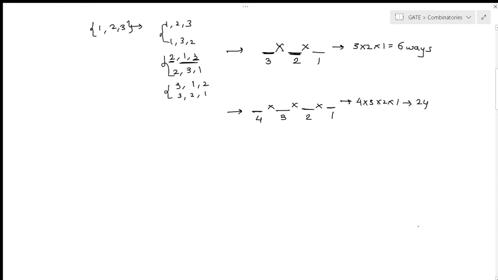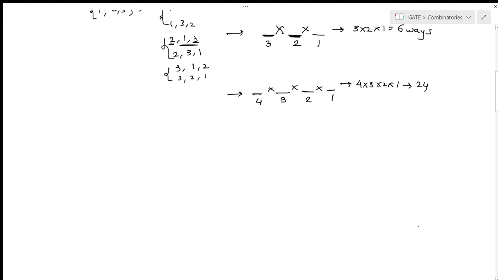Now I guess you have got an idea what we are doing over here. Okay, so what will be the answer if I have 5 objects and 5 positions and order is mattering? In that case, the answer will be 5 into 4 into 3 into 2 into 1. So this notation, where I have n into n minus 1 into n minus 2 up to 3 2 1, this multiplication is also called n factorial.